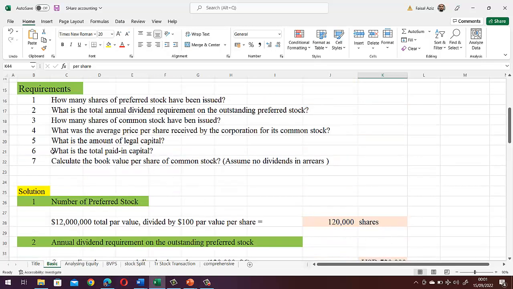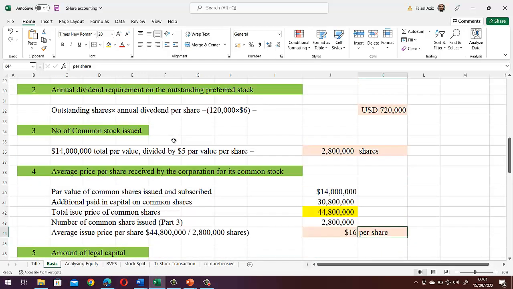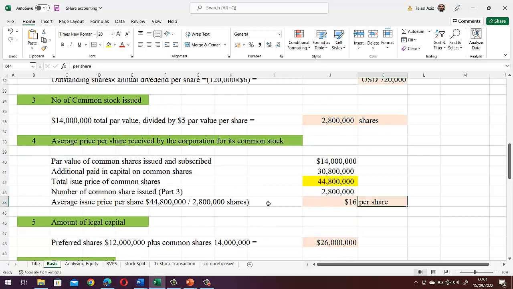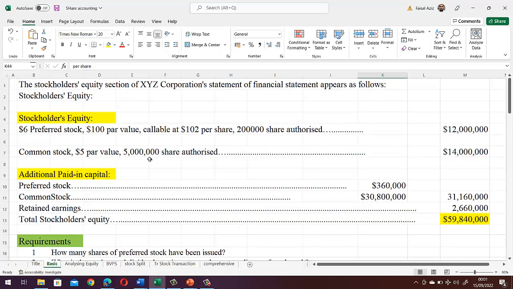Similarly, the fifth requirement asks what the amount of legal capital is. Legal capital is basically the sum of the actual capital which the company has received, irrespective of premium. From the stockholders' equity section, we can easily see that for the preferred stock which the company has sold, it has collected $12 million, and on the common stock the company has received $14 million.